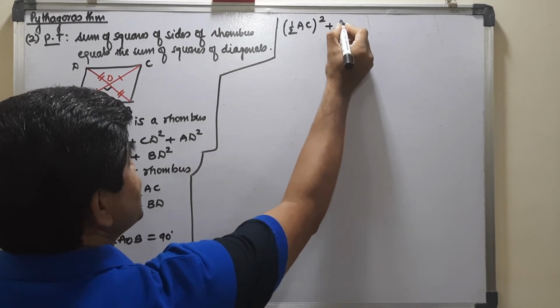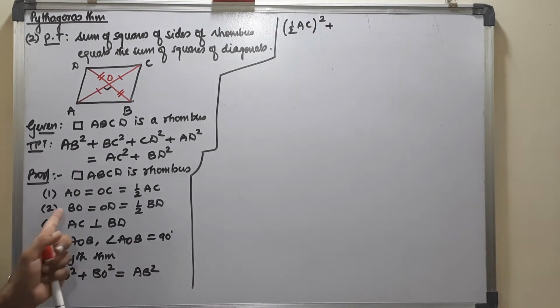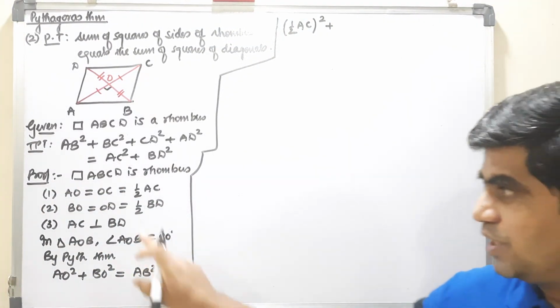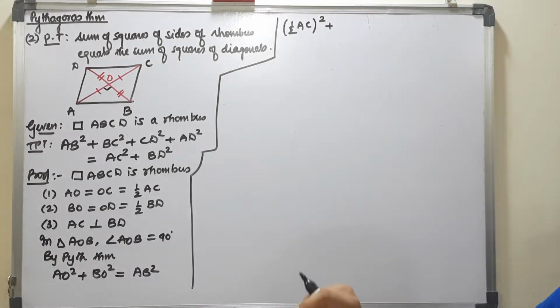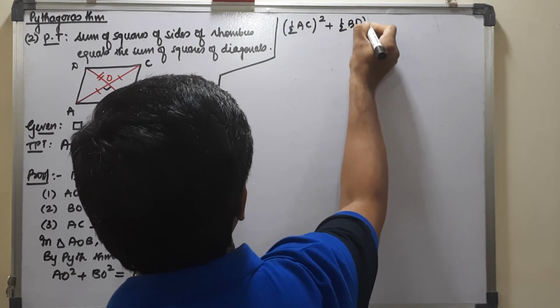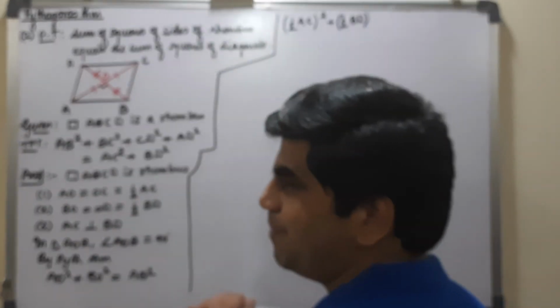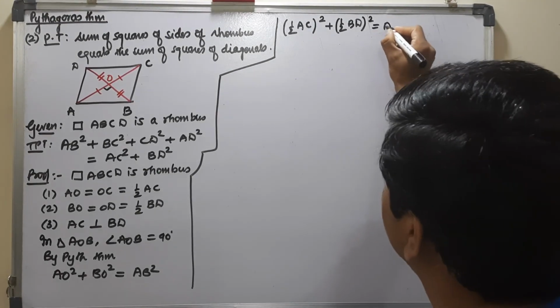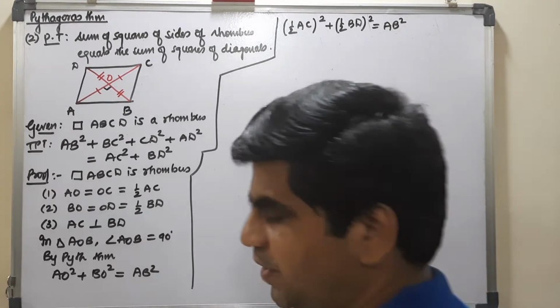Plus BO, which is equal to OD, is of no use to me right now, so I will replace it by BD, that will become half BD, that is the value of BO. But here it is BO square, so it will become a whole square here, equal to AB square.